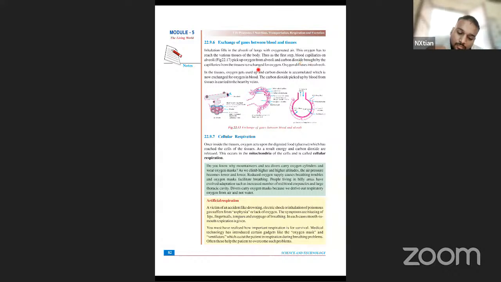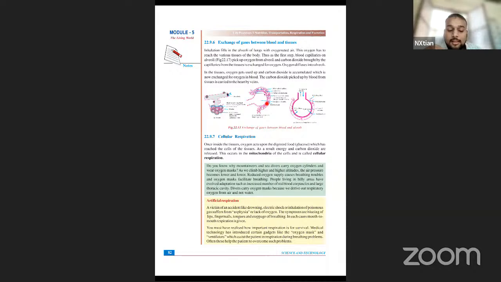Oxygen diffuses into the alveoli. Now listen, guys. I told you the alveoli is the last stage of the lungs. So the oxygen will come like this, and near the alveoli there are blood vessels going on. Now I will ask you one more question.